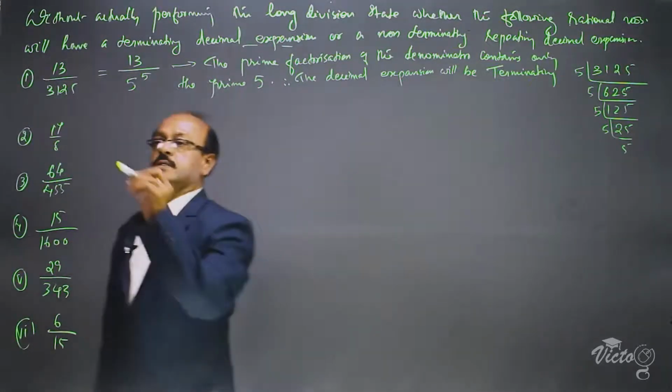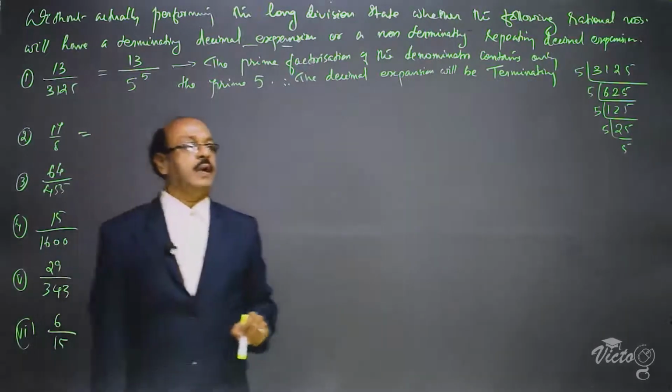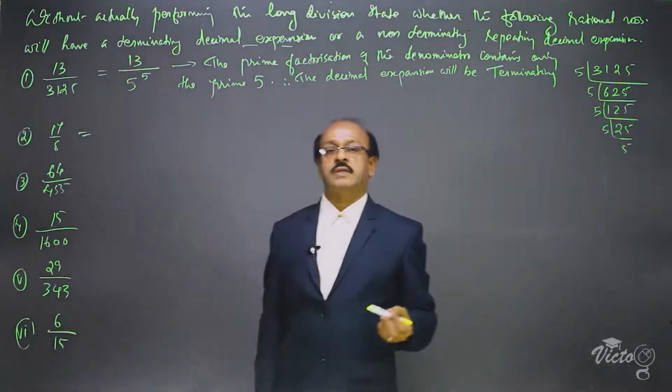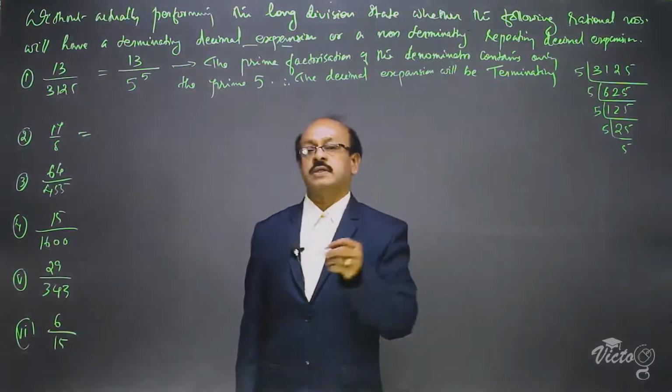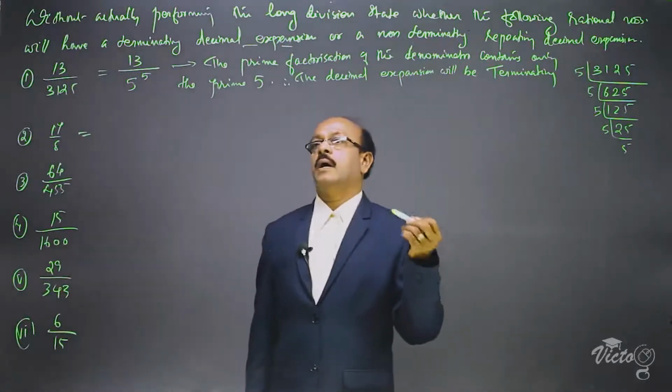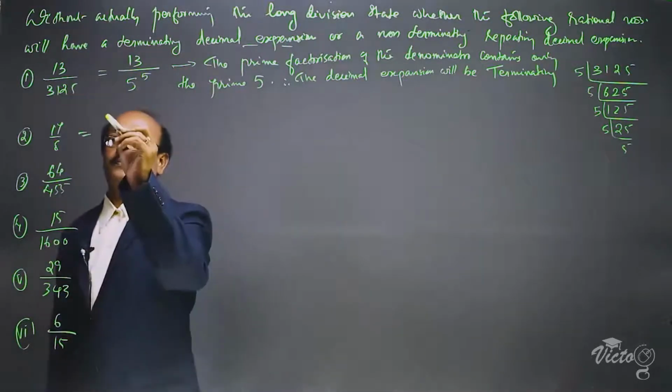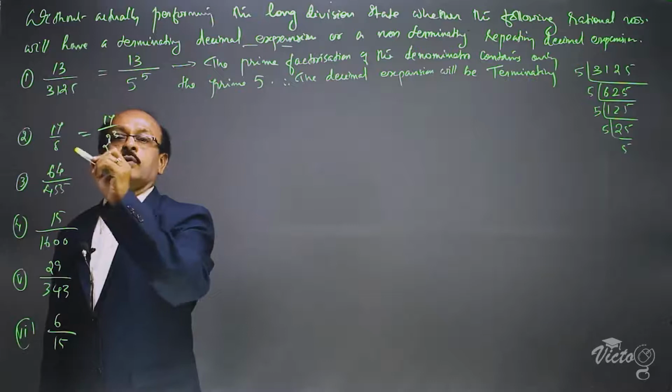Next one is 17 by 8. We have to take the denominator 8 and the prime factorization is 2 into 2 into 2. Since it is a small number, we can find the factorization mentally. That is 17 divided by 8 means 2 cube.